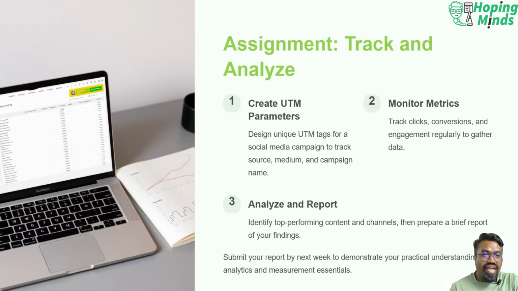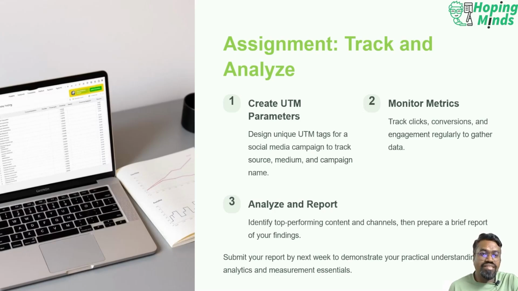Now, this is one assignment on how to track and analyze. First, you need to visit Google, and then you need to search how to create UTM parameters, right? Once you click on this particular keyword, you will be routed to a Google URL builder, right? So design unique UTM tags for a social media campaign to track source, medium, and campaign name.